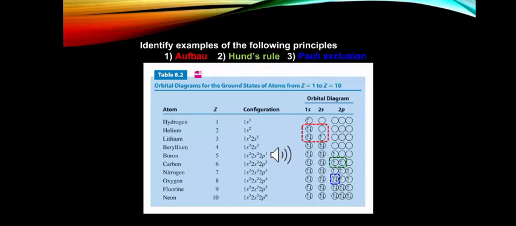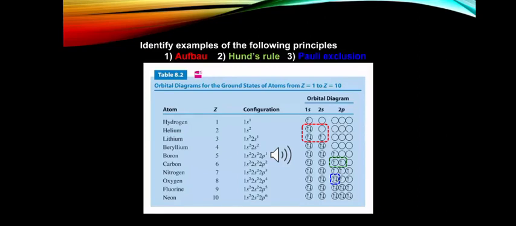Similar examples are also given for fluorine, whose atomic number is 9 and electronic configuration is 1s2, 2s2 and 2p5. 1s is completely filled with electrons of opposite spin, and 2s is then filled. After that, 2p.